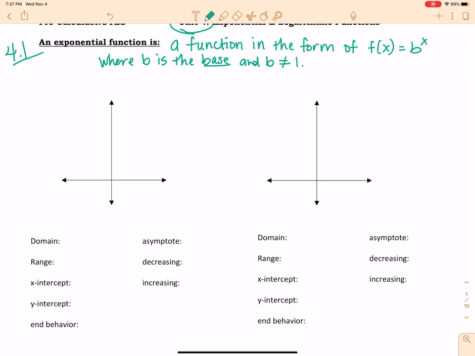All right, so b is any other number other than 1. Okay, so let me show you what this is going to look like.